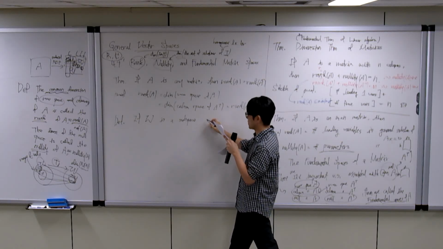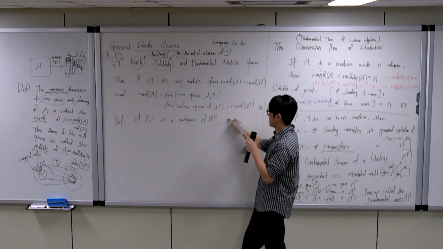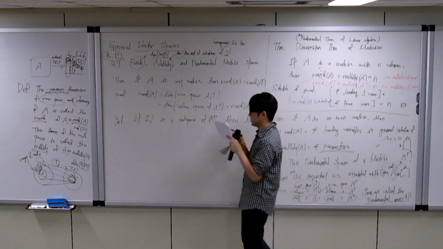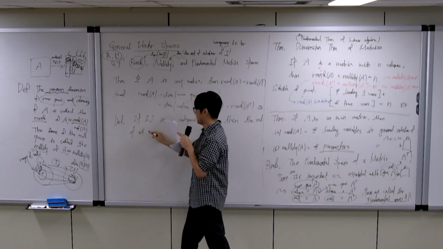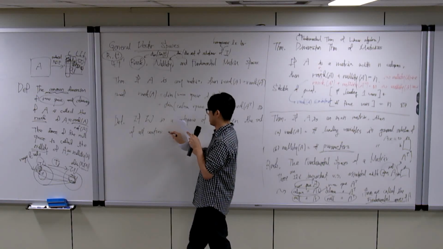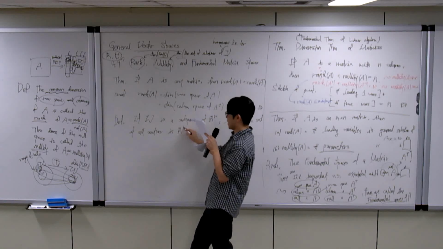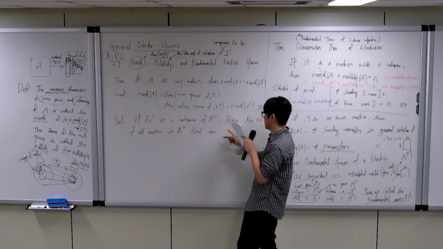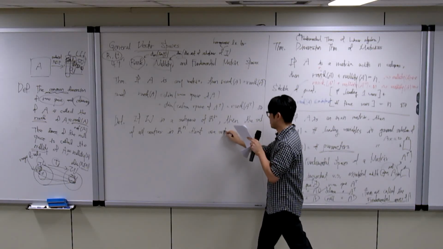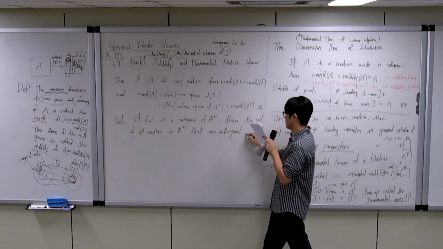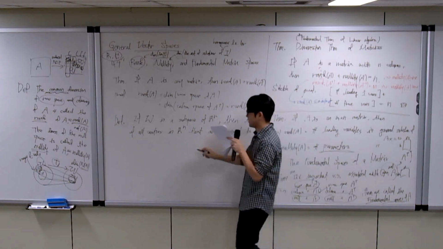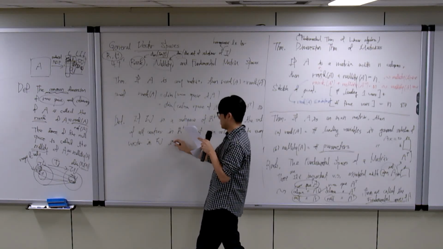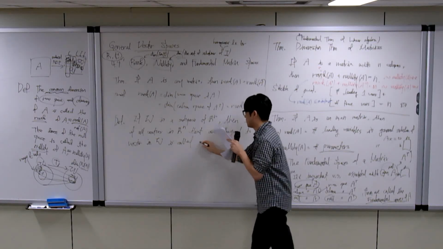If W is a subspace of R to the n, then the set of all vectors in R to the n that are orthogonal to every vector in W is called the orthogonal complement.